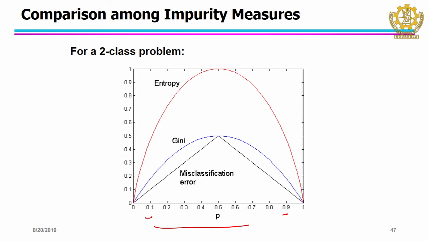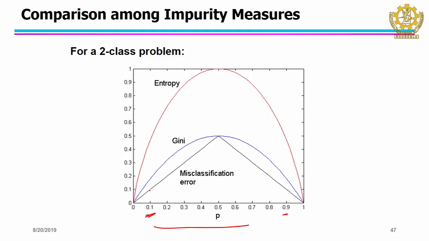Then what will be the misclassification error? Let us say one class probability is 0.1, then the other class is 0.9. What will be the misclassification error? What is the formula? 1 minus max over j of p(j|t). Between 0.1 and 0.9, which one is maximum? 0.9.